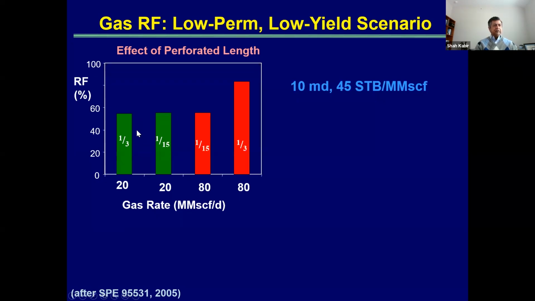So if I'm producing at these rates and only 1/3 of the formation is completed, you see 1/15, 1/15, I increase the rate. If you increase the rate, but you have to have 1/3 of the formation completed to enhance the recovery factor.